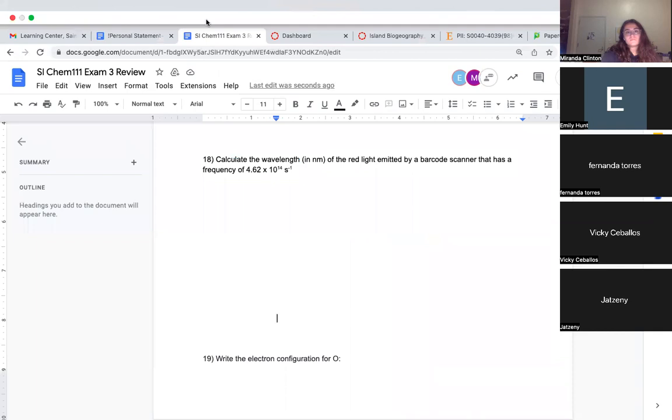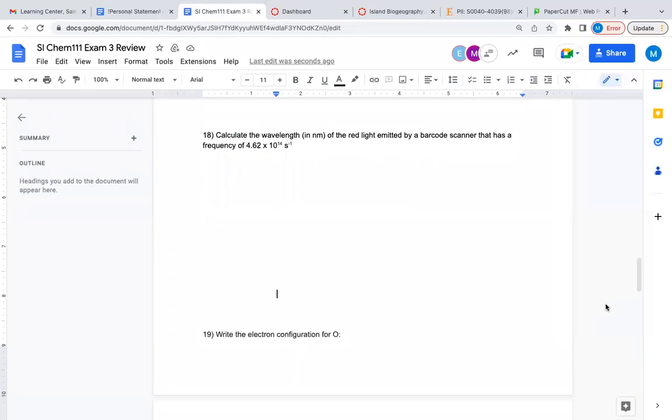So for this one, how I kind of look at it is, v is the frequency equals c over wavelength. We know c is 3.0 times 10 to the 8, that's a constant, and we know this is wavelength.